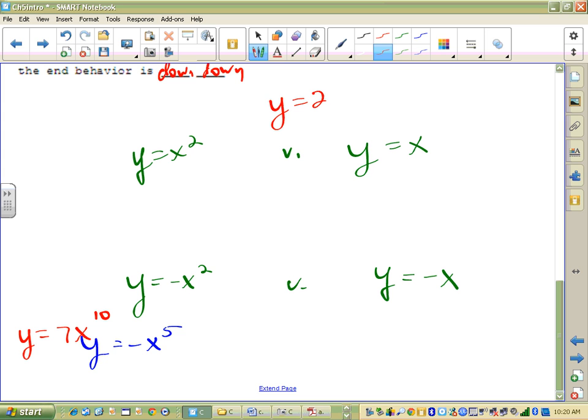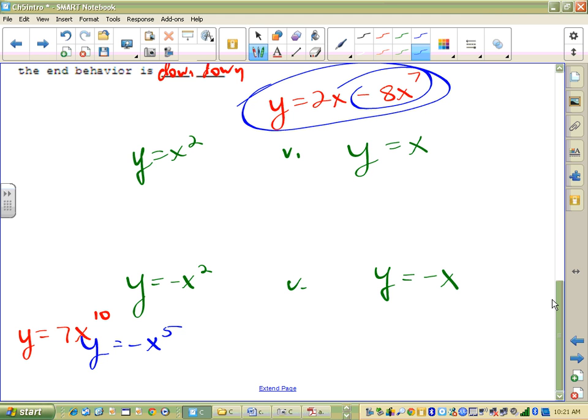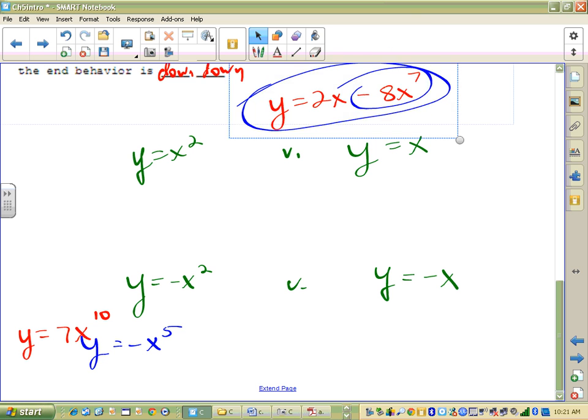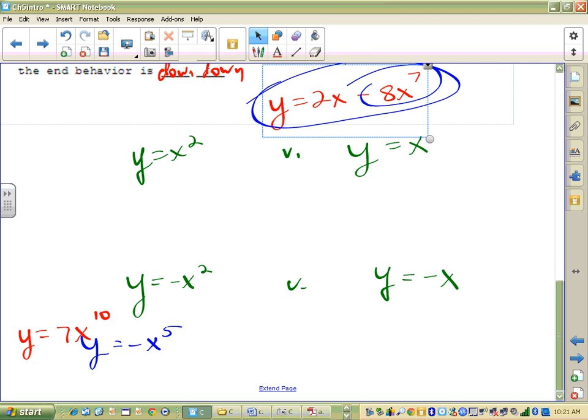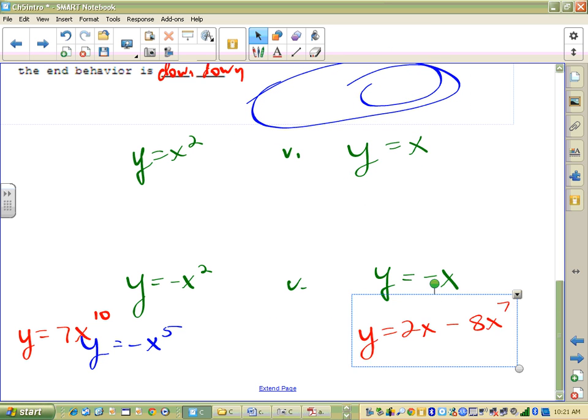What about y equals 2x minus 8x to the 7th? Well, the leading term there is minus 8x to the 7th. So that whole thing, collectively, is going to be similar to a line that has a negative slope. So the end behavior there should be up and down.